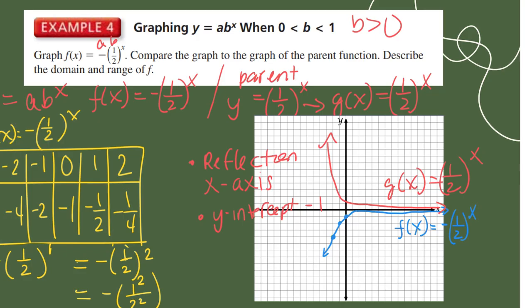So the y-intercept of the graph of g, okay? -1 is below. So from the graph of f, you can see the domain. This is f. The domain is all real numbers. And the range is who? The range is y is less than 0. Okay, because it is below.